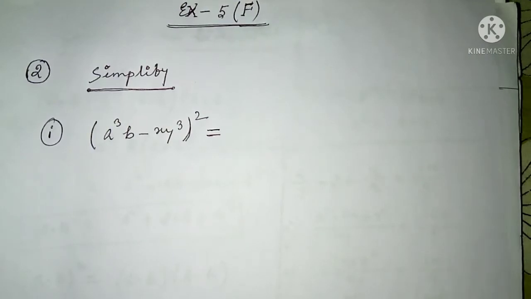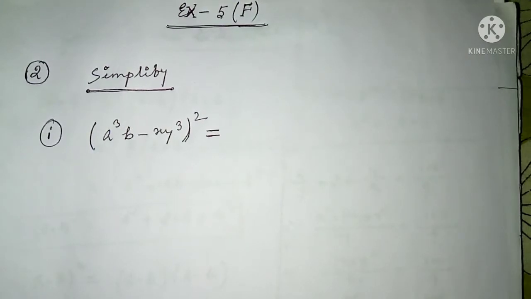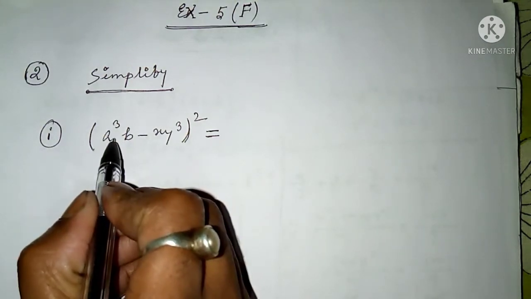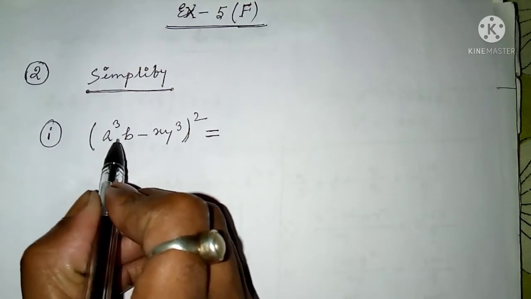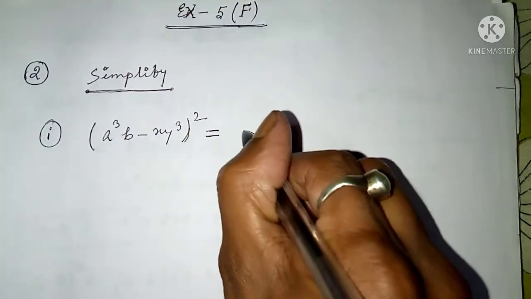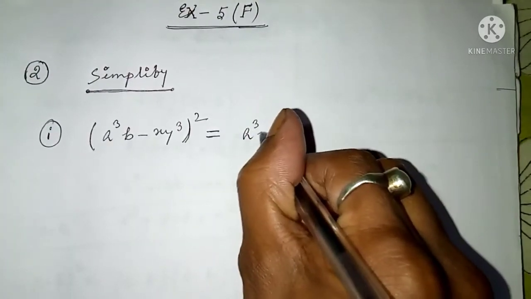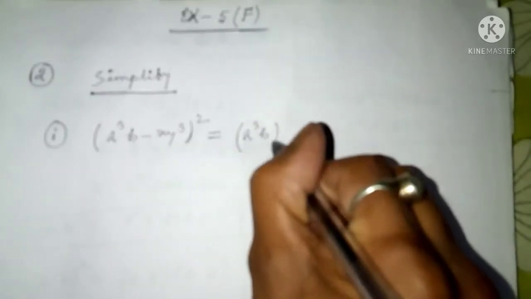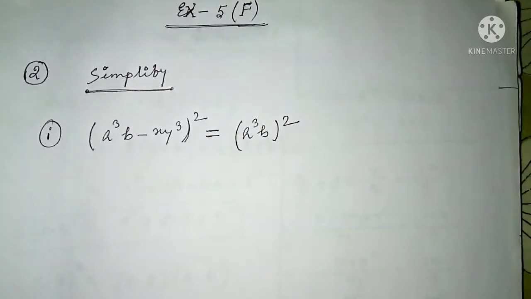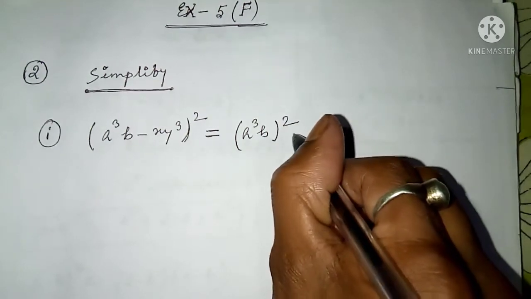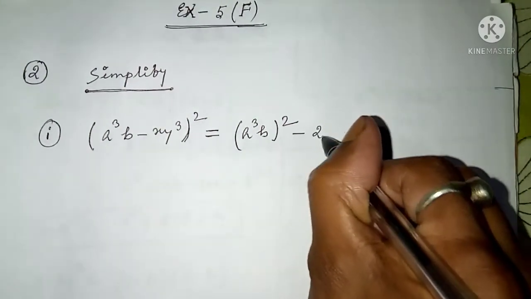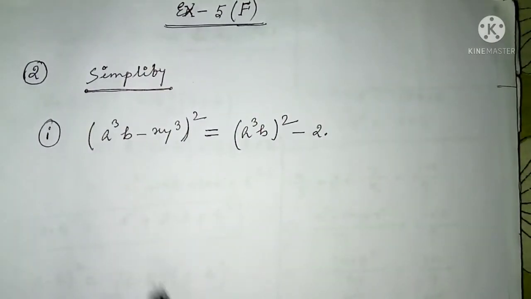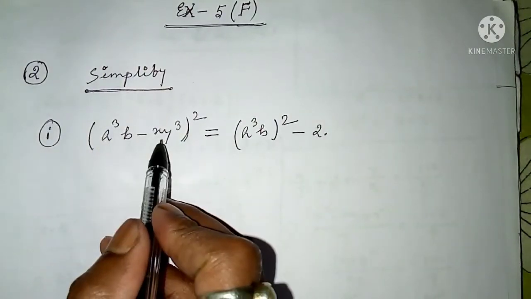So in our last videos we have learned how to expand. First of all we need to write the square of first term. Now what is the first term here? It is your a cube b. So you write here a cube b, that is your square of first term. Then you need to write minus here, and then 2 times the product of first term and second term.